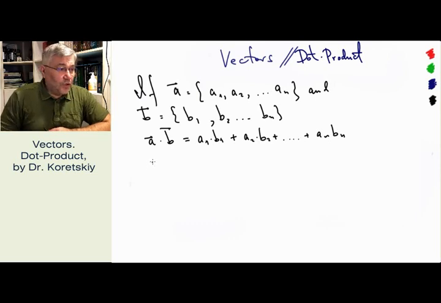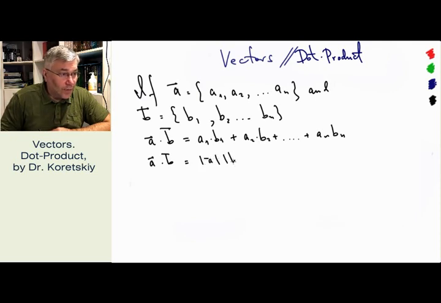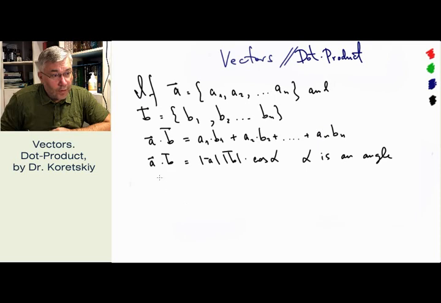And in another definition, you can define a dot b as the multiplication of their magnitudes, magnitude of a times magnitude of b, times cosine alpha. Here alpha is an angle between vectors a and b.